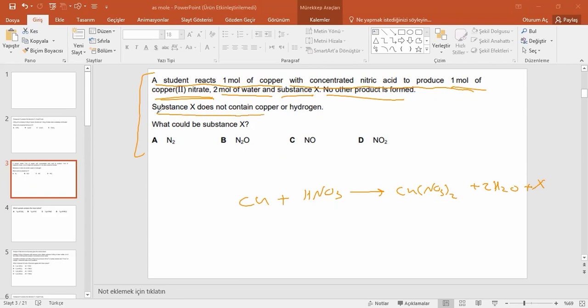Substance X does not contain copper or hydrogen. Okay, so what is X? X has no hydrogen or copper.